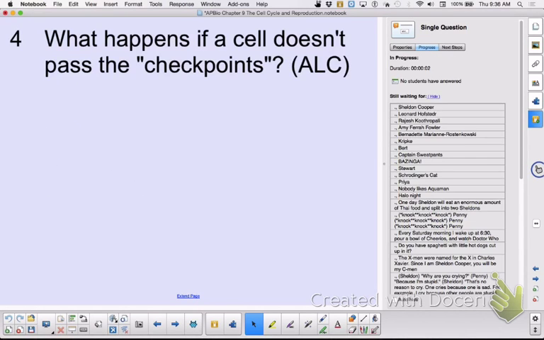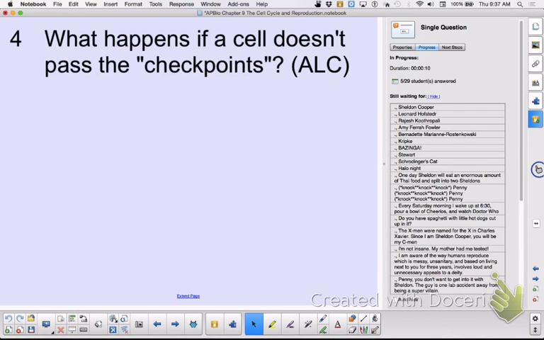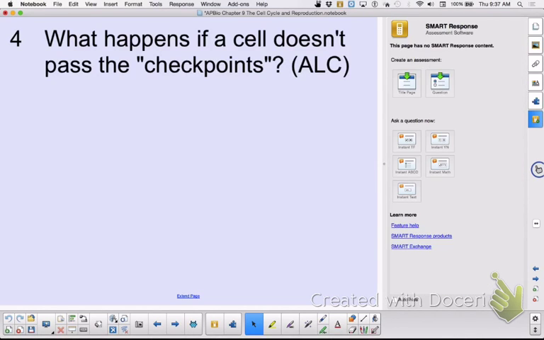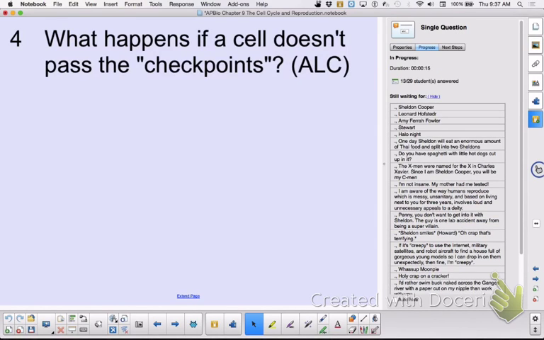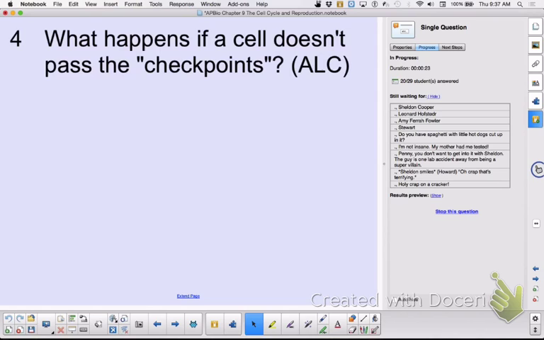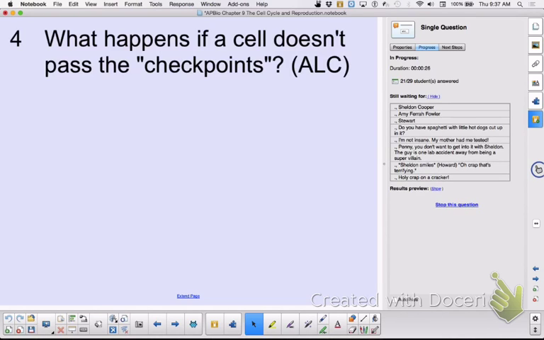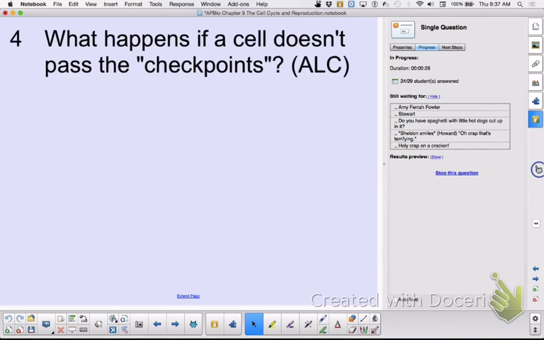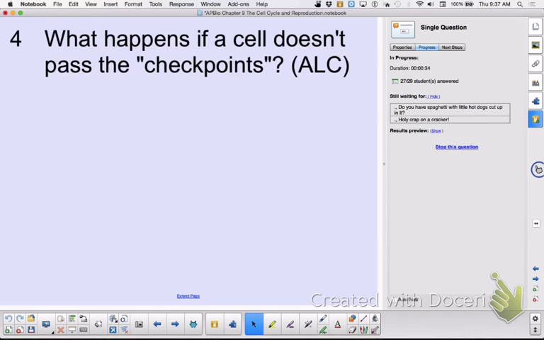All lowercase. Holy crap on a cracker, let's go.